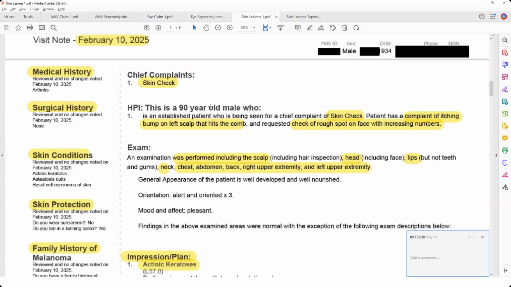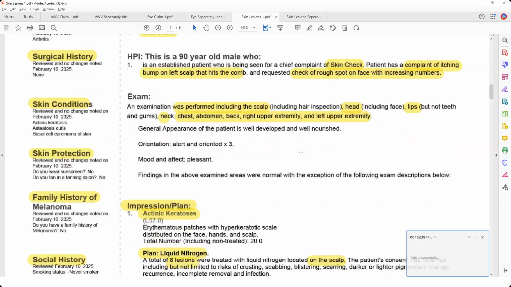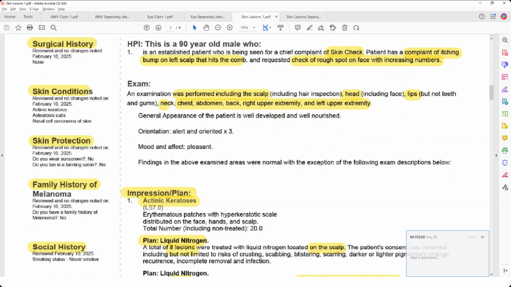So as we look at this, we have a patient that is there for a skin check. He was an established patient, there for a skin check, and also reported some bumps that he hits with his comb, rough spots on his face, and felt that those numbers were increasing.